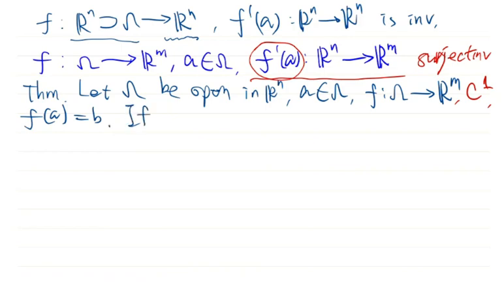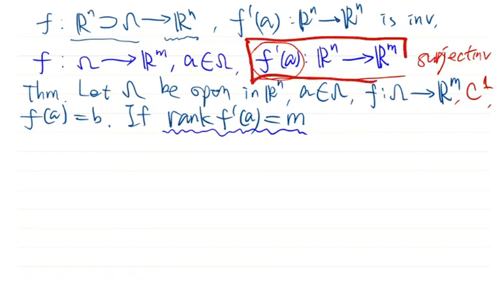Now suppose F of A, the image of A, is B. If the rank of the Jacobian matrix, the rank of the derivative matrix, is the dimension of the target space m, then from linear algebra, we know that this condition means that this map is surjective.